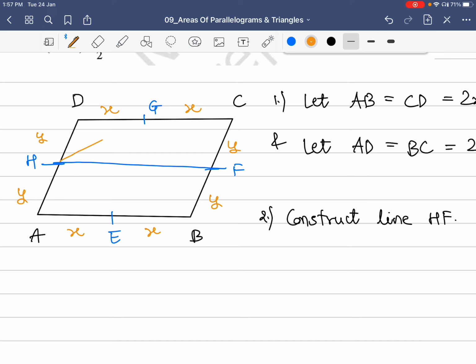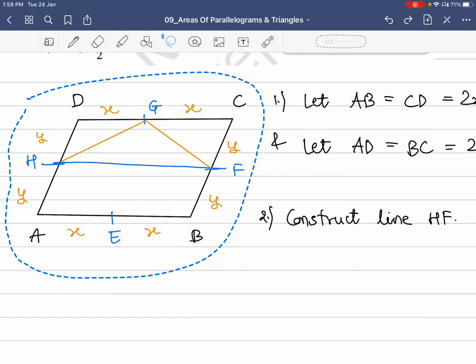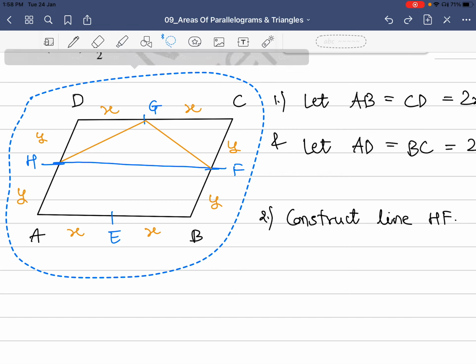Now let's consider this triangle HGF. In fact, let me use straight lines so it looks better. Now focus on this triangle HGF and this line HF. Let me create a copy of this so that it's easy to explain, because this diagram has a lot of information and it's confusing.